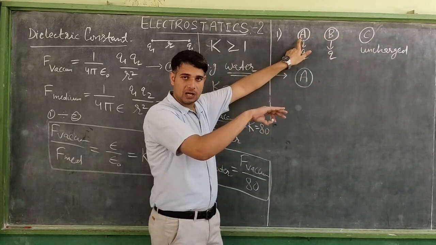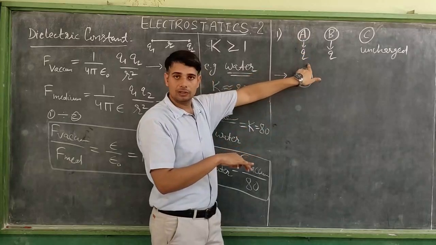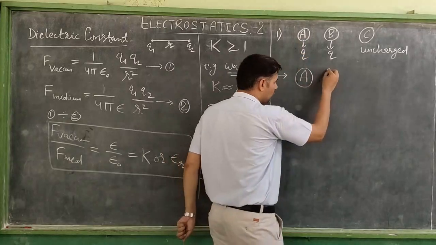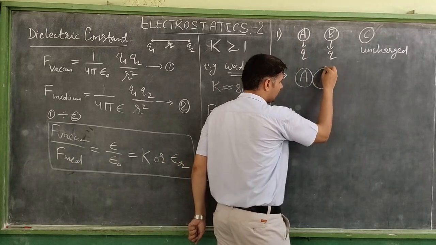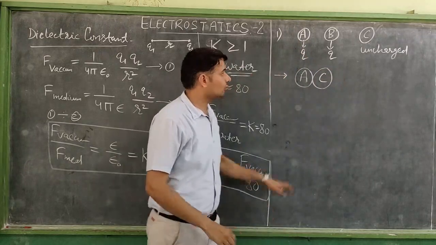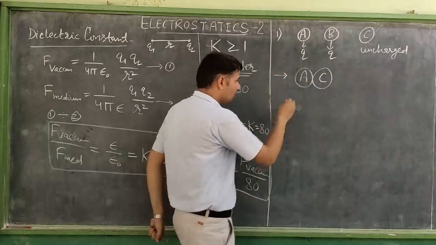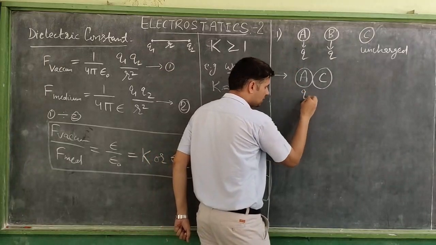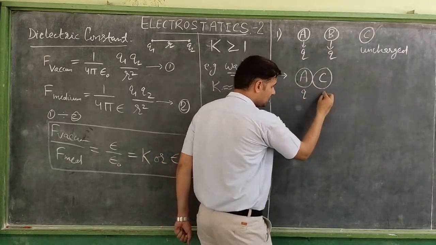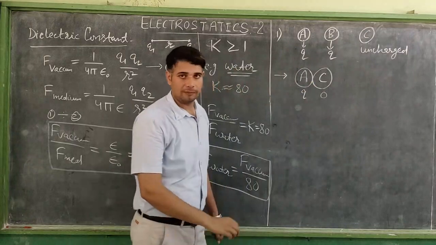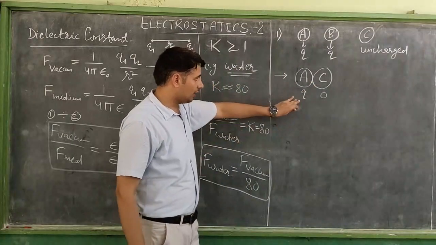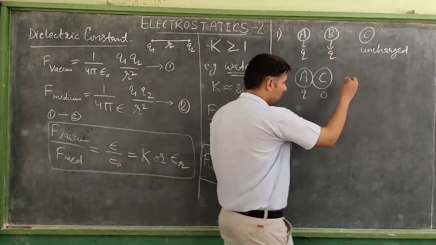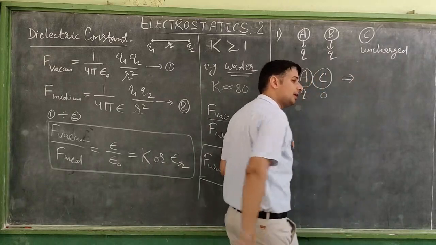A was already charged. How much charge? Positive Q. So I have put C in physical contact with A. C is initially uncharged. Now we have to think how much charge they will be sharing.